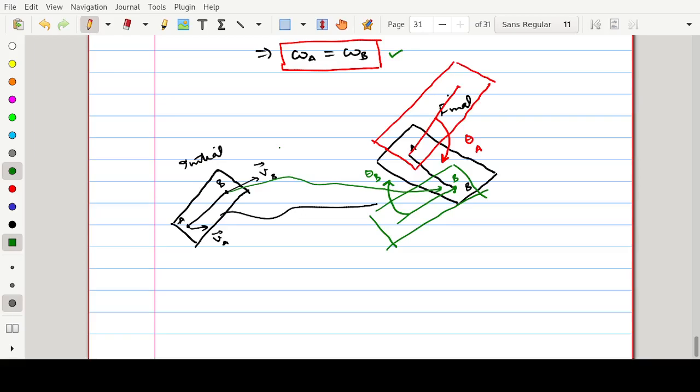In 3D motion this might not be the same, but in plane motion you only have one rotation. So no matter which point of reference you choose, the angular velocity will be the same irrespective of the point you choose for reference, A or B.